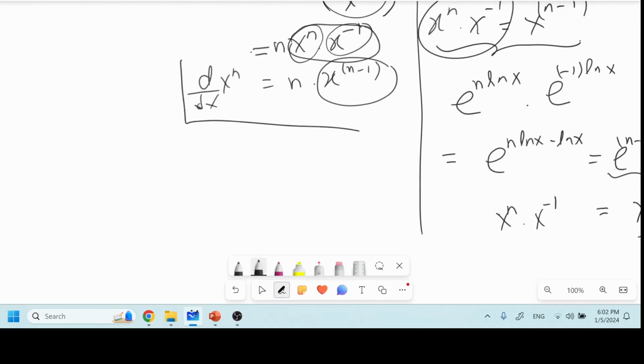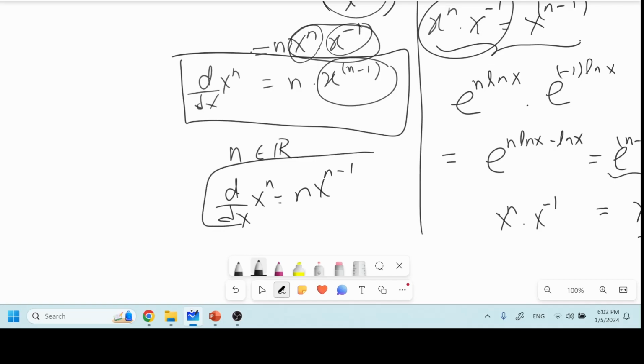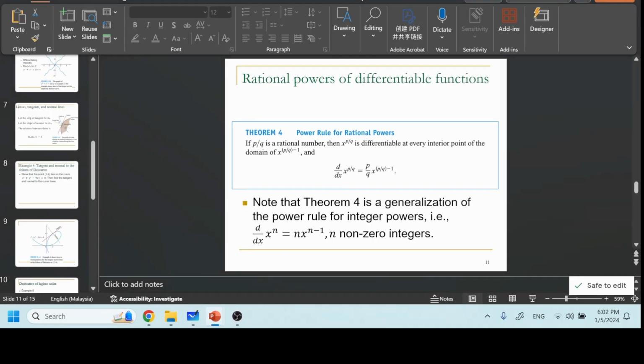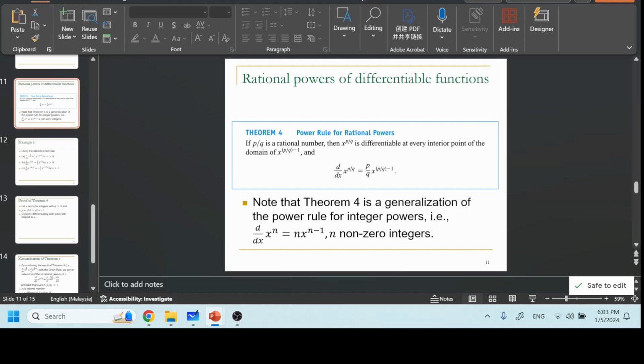Therefore, we have just proven that d/dx of x raised to the power of n is equal to n times x raised to the power of n minus 1, where n is any real number. So this formula may seem very simple, and you may think that this has been studied before. Indeed, we have seen the same result before in Theorem 4 in chapter 3.6.